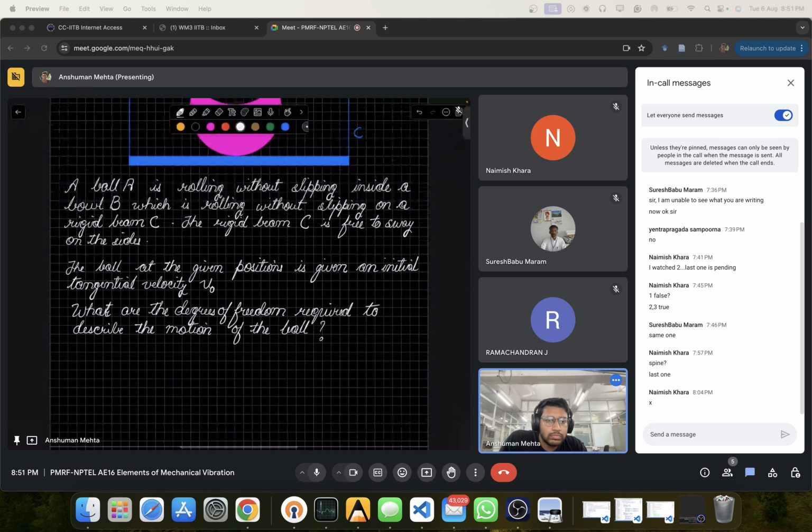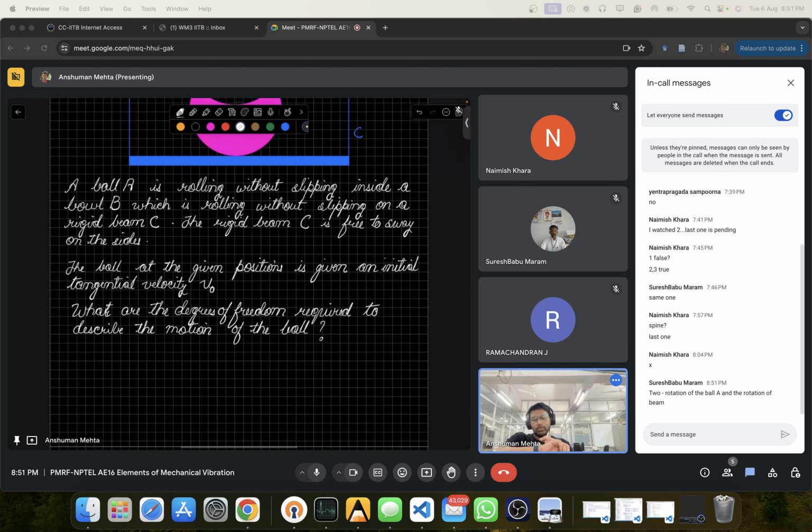Anyone? Okay, so one answer that came is two: one is rotation of the ball and the other the rotation of the beam.